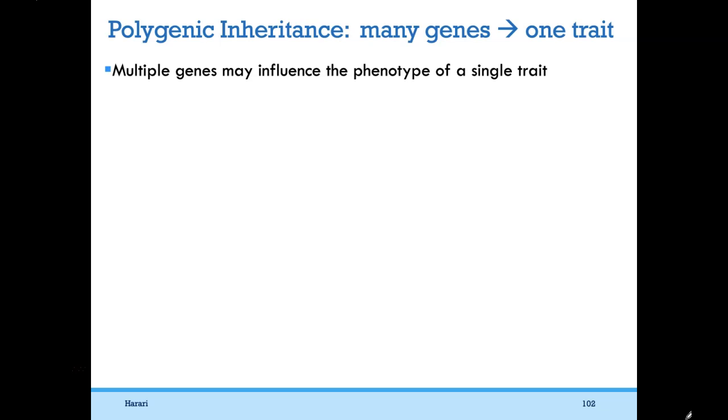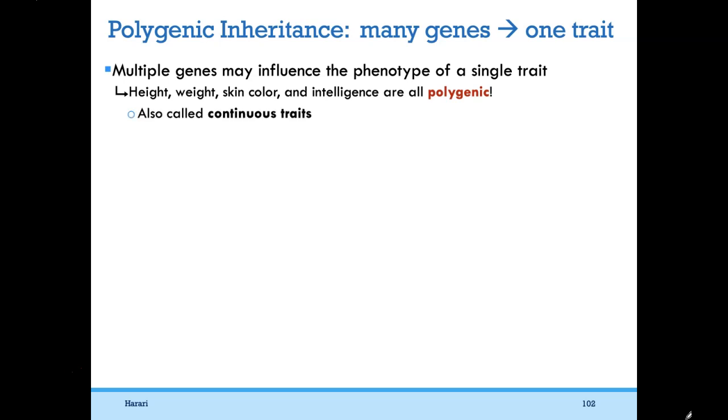Polygenic means multiple genes. So multiple genes all come together to influence things like height, weight, skin color, and intelligence. Right? These are all polygenic. Right? There is no single height gene. There is no skin color gene. Right? There is no intelligence gene. They're all influenced by many, many genes.